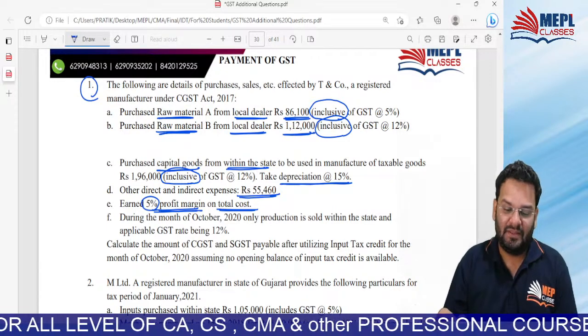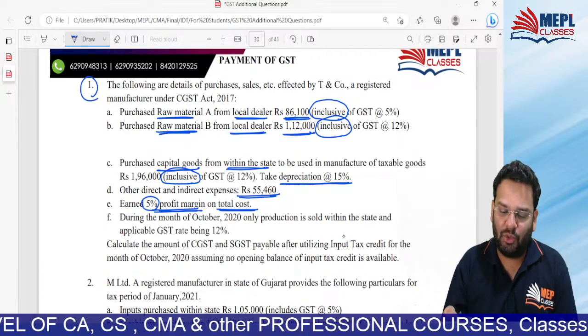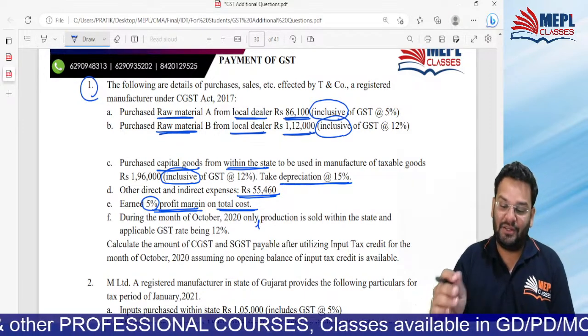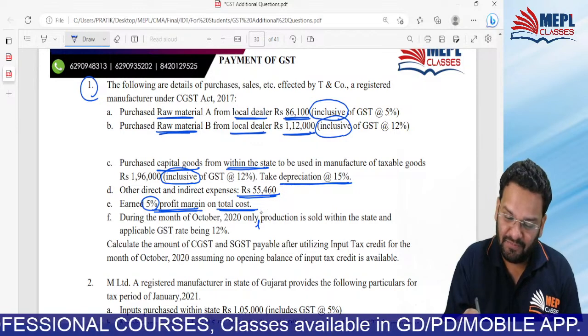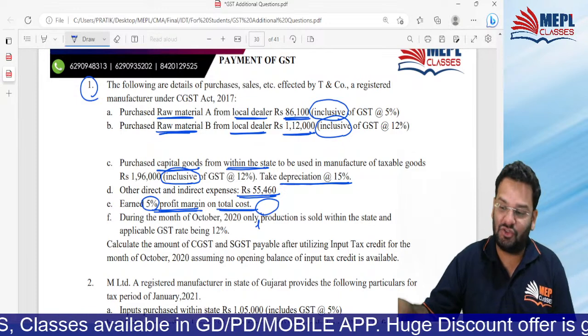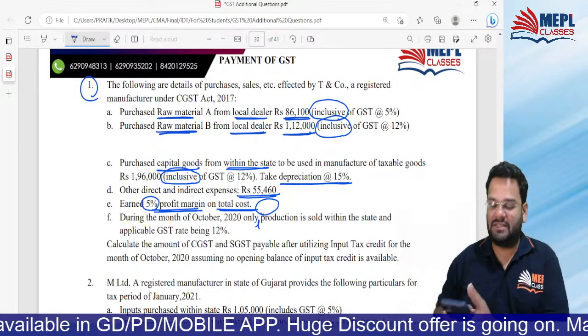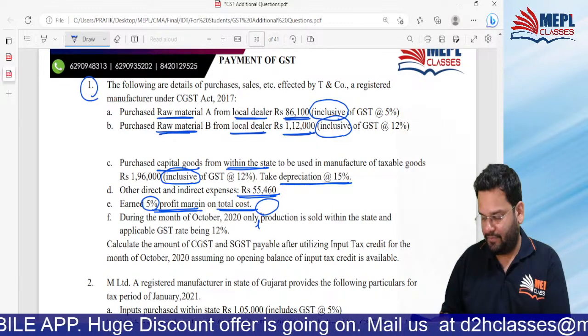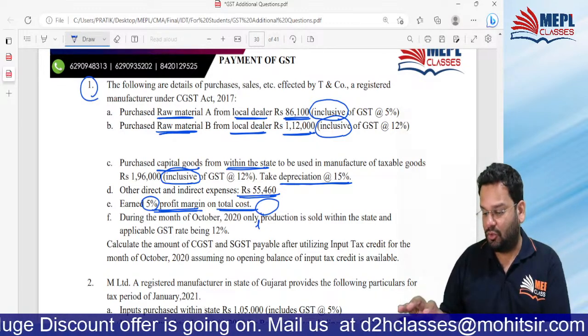Yes. During the month of October 2020, mind you guys, there is some misprint here. The percentage of how much of the production is sold is not printed. So just give me 1 second, I will tell you how much of the production was sold.